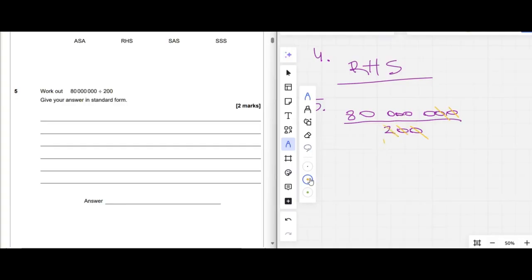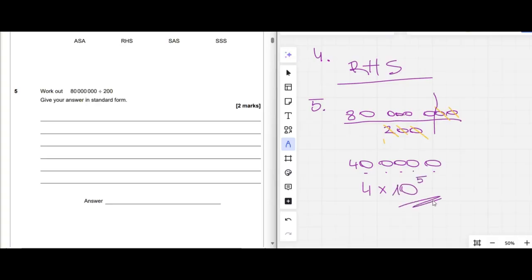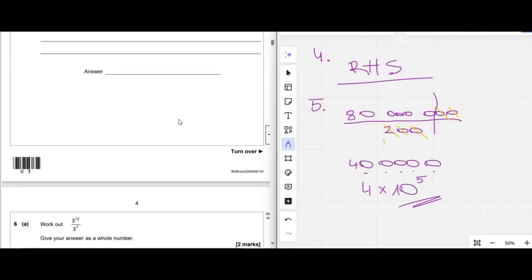So it will leave us 4 from that 8 by 2, and 1, 2, 3, 4, 5 zeros left. So we have 4 times 10 to the power 5. And that's the standard form.